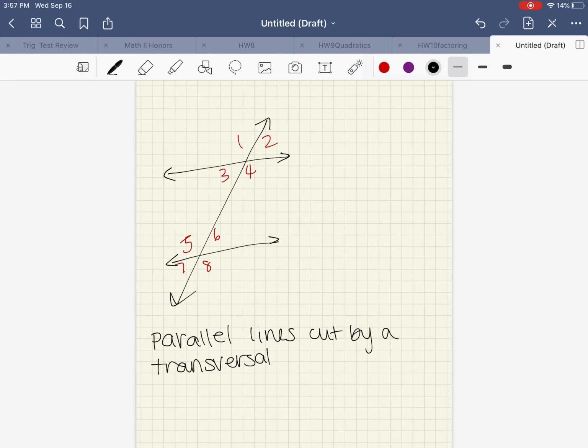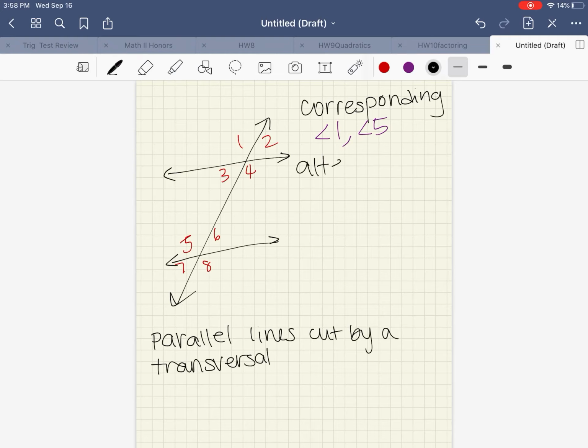These might get confusing, but if you think about what the words alternate, same side, and corresponding mean, it makes it a lot easier. First up, we've got something called corresponding angles. For example, angle 1 and angle 5 because they're in the same relative place. See how this one's here, this one's here. So angle 1 and angle 5 are corresponding angles.